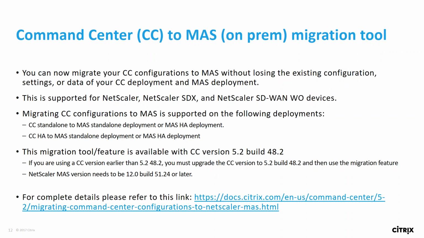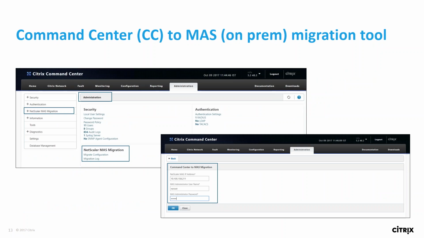We have very good documentation on this tool. So if you're interested in looking at it and understanding more, please refer to the complete details in the link I have mentioned on screen. This is how the tool looks on the Command Center latest build UI.